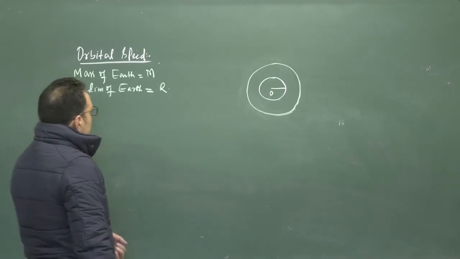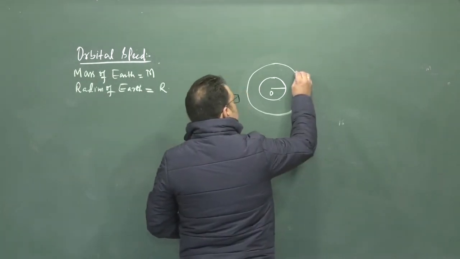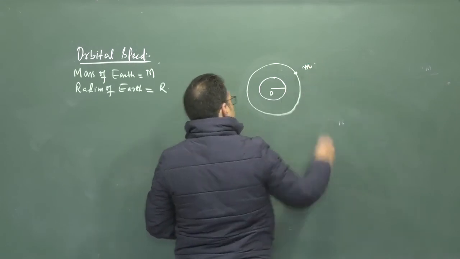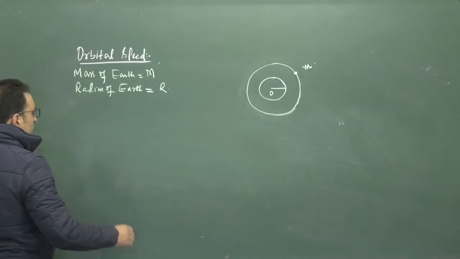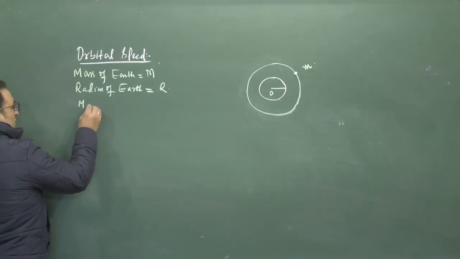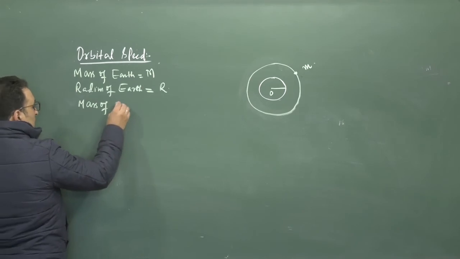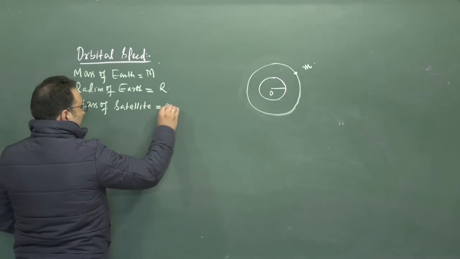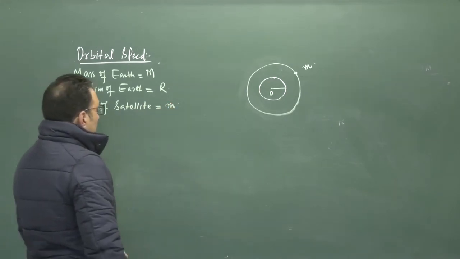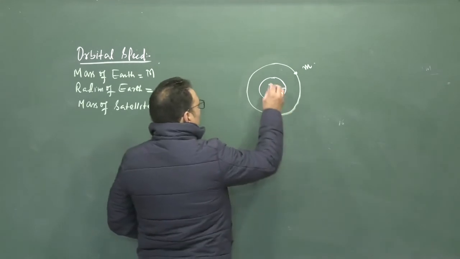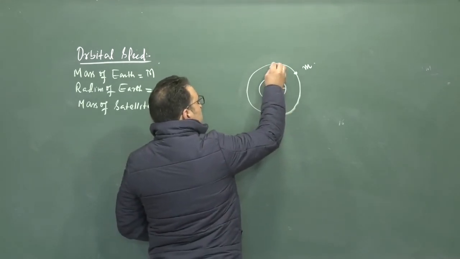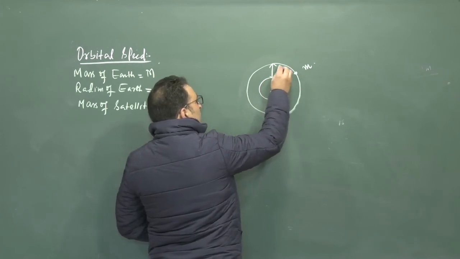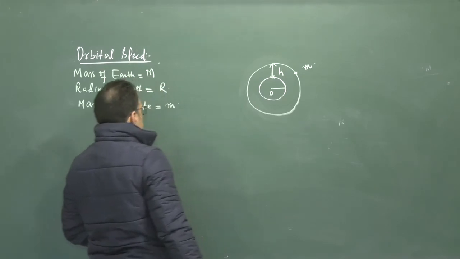This is the path along which the satellite of mass m is revolving. I will write the mass of the satellite as small m. Now let h be the height of the satellite from above the Earth's surface.